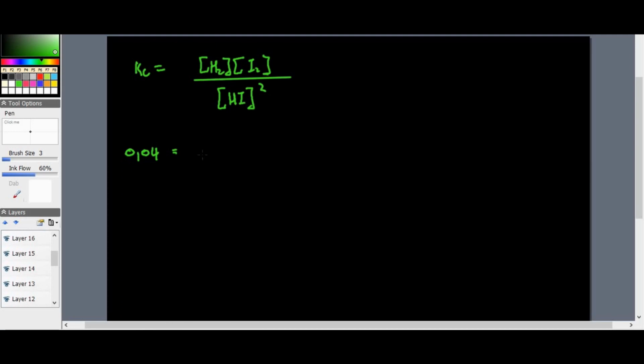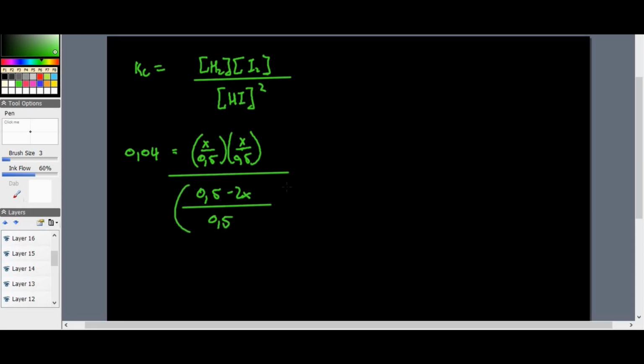So we've got x divided by 0,5, divided by 0,5 for both of those, so x will just be the amount of moles for everything, and then we've got 0,5 minus 2x, divided by 0,5 all squared.